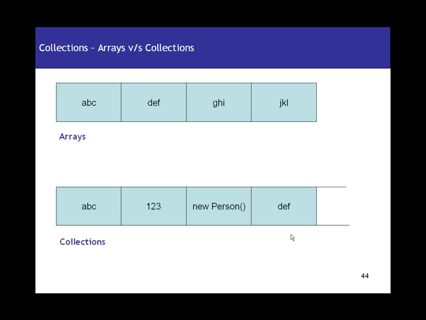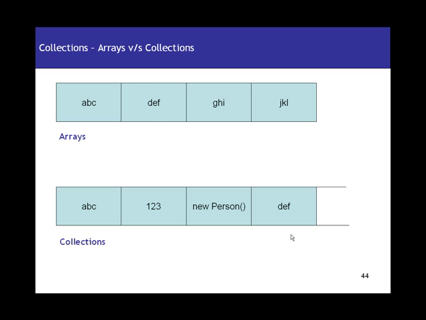Number 3, when it comes to arrays, you will have to do all kinds of manipulations yourself, right? So if you want to compare arrays, sort the array, or do a lot of other activities, you'll have to do it all by yourself.